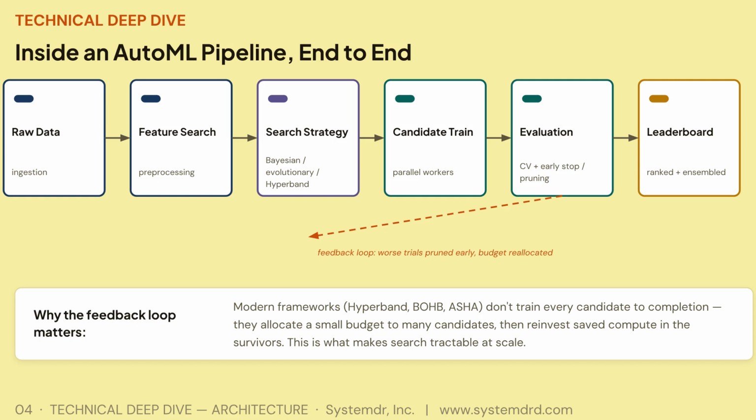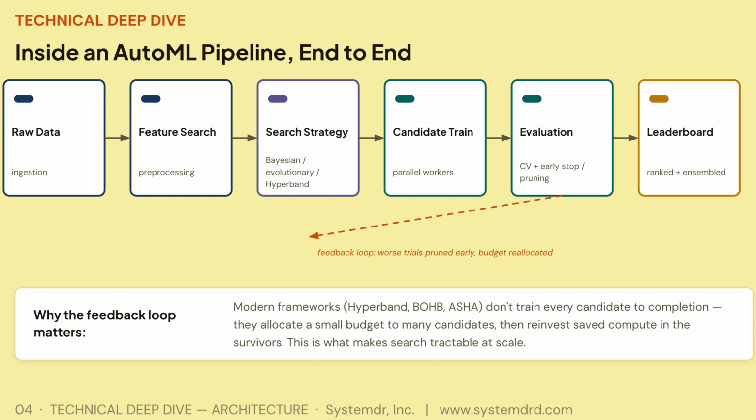Those candidates move into a training stage, usually running in parallel across multiple workers, and then into an evaluation stage, cross-validation combined with early stopping or pruning. The results feed a leaderboard, which ranks the candidates and, in many frameworks, builds an ensemble from the top performers.